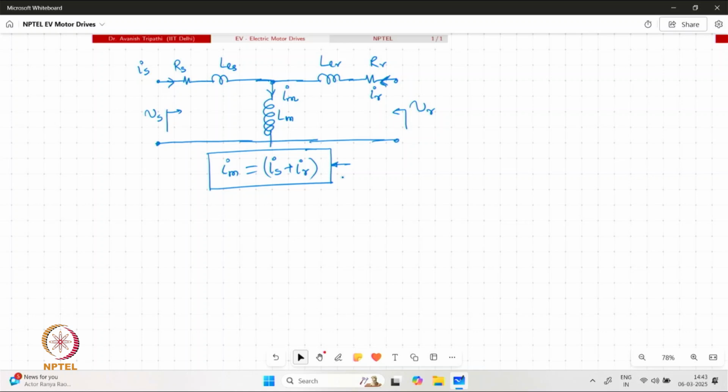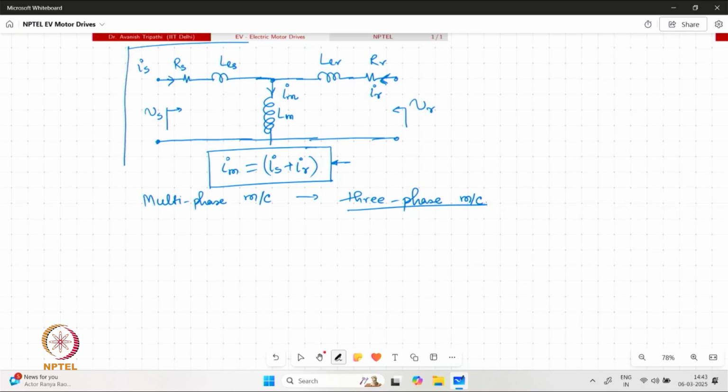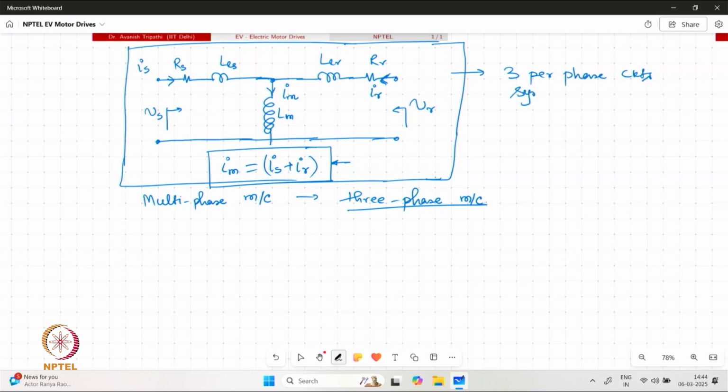Now if we proceed further, because we are dealing with a multi-phase machine, and in particular a three-phase machine, essentially what we are trying to say is that we are going to have three per-phase circuits symmetrically placed for R, Y and B phases.